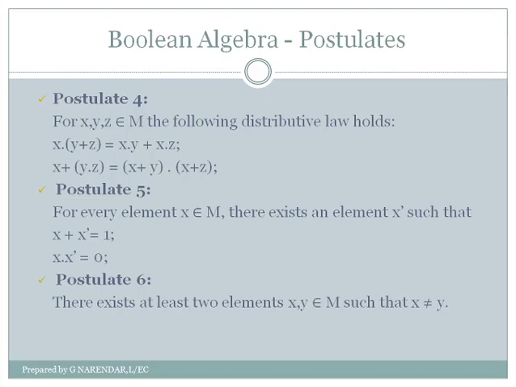What does this mean? Here we have shown that there are three elements x, y, z belonging to the set M, and the distributive law holds for both the AND operation and the OR operation.